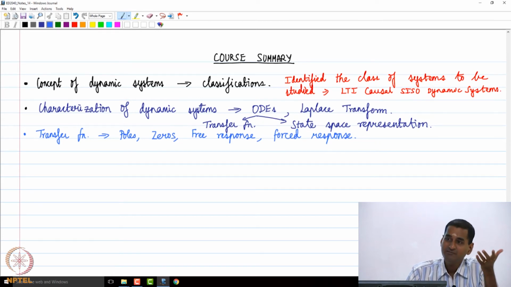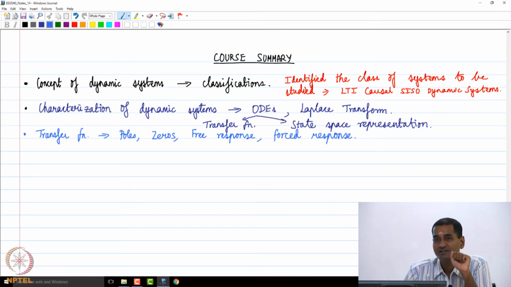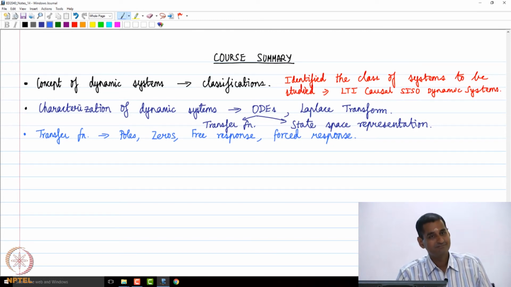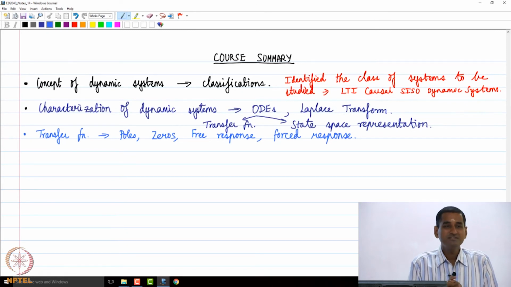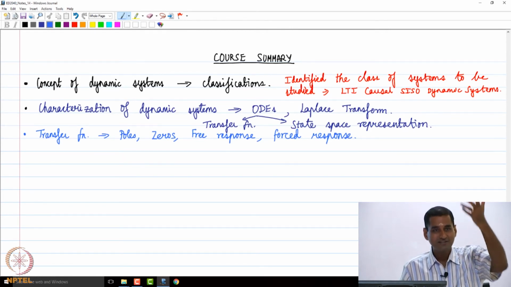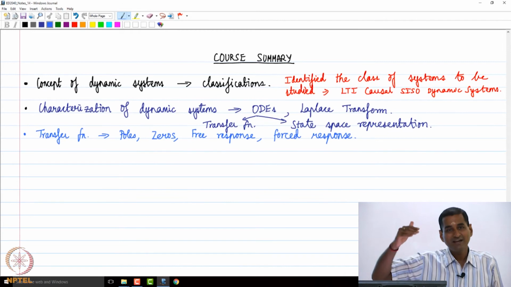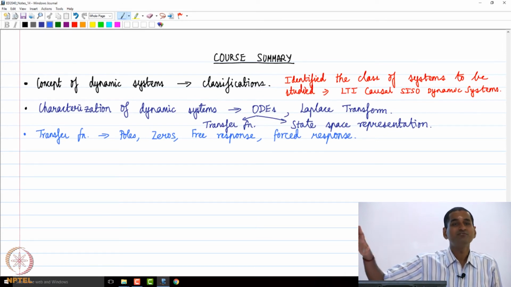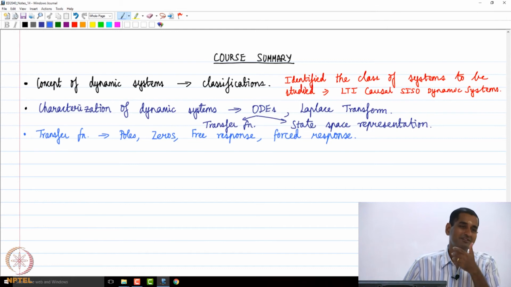But by now you would have realized that if we design stable systems, the coefficients in the solution that depend on the initial conditions will be multiplied by exponential functions with a negative exponent. So the free response of a stable system anyway decays to 0, and what persists, the steady state value and response, and even the transients to a large extent, would be influenced by the forced response, by the input that we get.